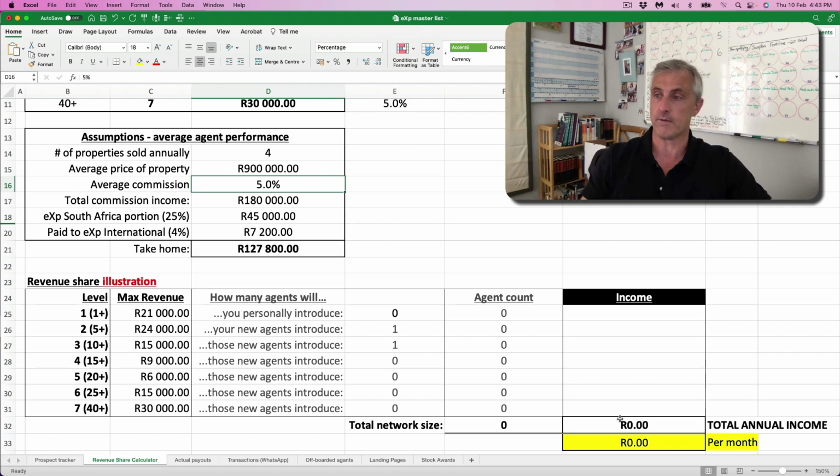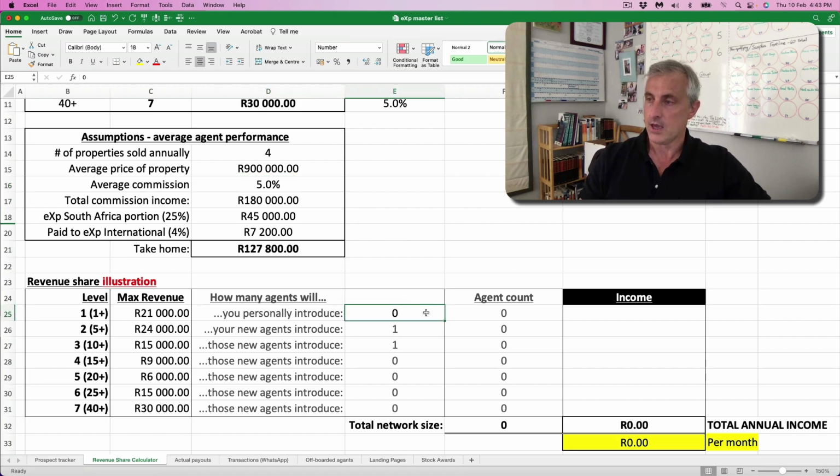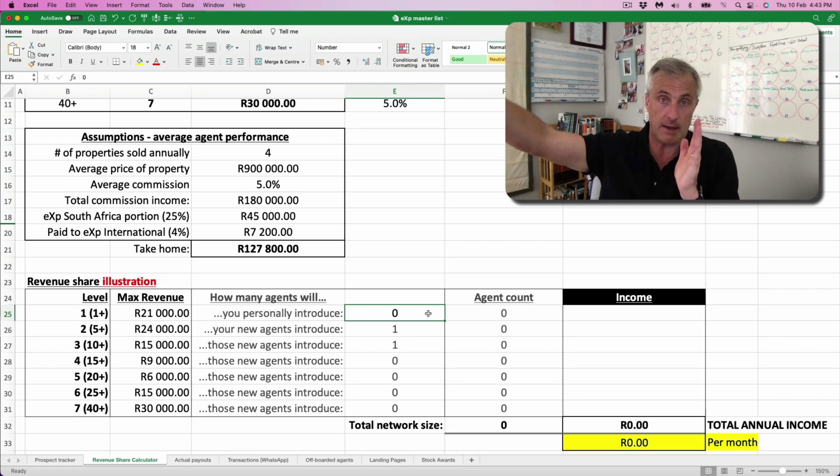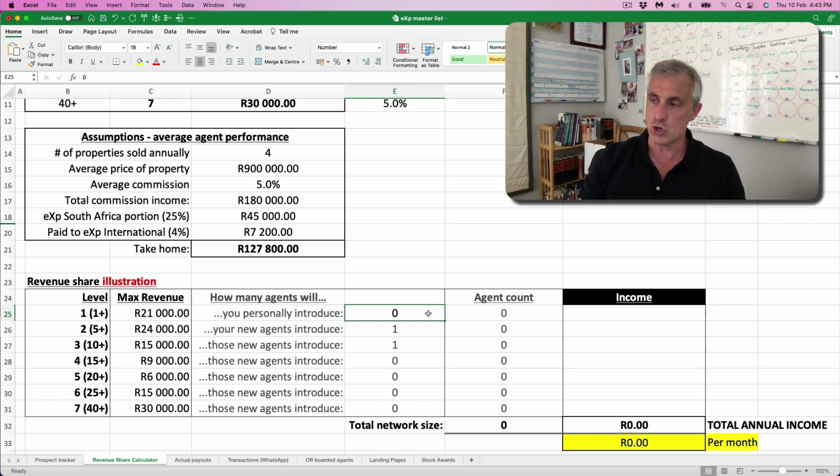Very conservative. Okay, so what we need to do is plug a number in here that will be the number of agents that you personally sponsor over any given period of time. And then we're going to assume the minimum growth down onto your 2nd and 3rd tiers. Now, you may even have growth into your 4th, 5th, 6th, 7th tiers.